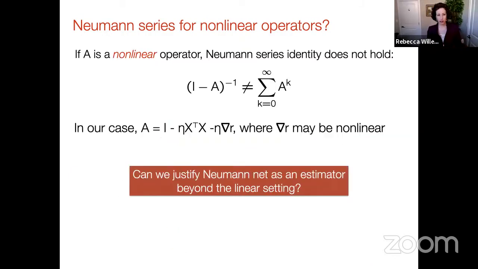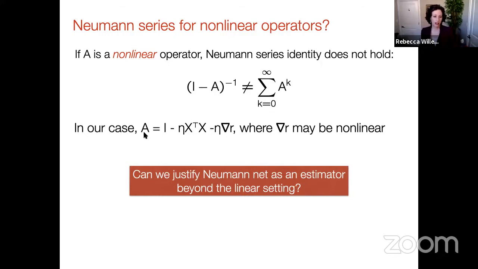Now, you might argue with me here that this whole premise of starting with the Neumann series is not a good one, because the Neumann series holds for linear operators. In particular, the Neumann series says that if A is a linear operator, then the identity minus A inverse can be written as this infinite series.